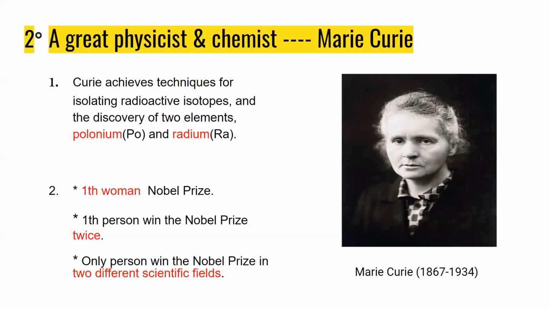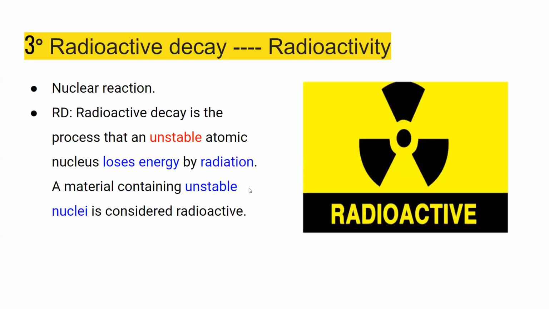She discovered 2 elements, polonium and radium. These are 2 chemical elements. She is the first woman to win the Nobel Prize. She is the first person to win the Nobel Prize twice. She is the only person to win the Nobel Prize in 2 different scientific fields. That is fabulous.